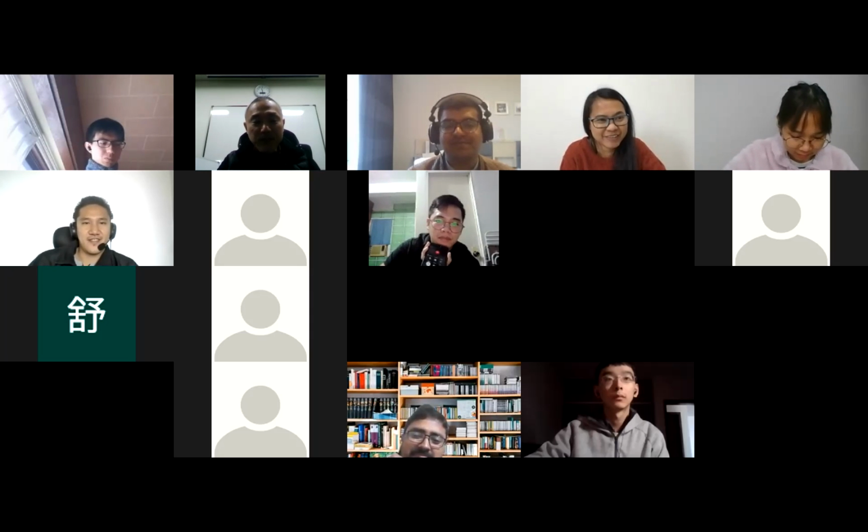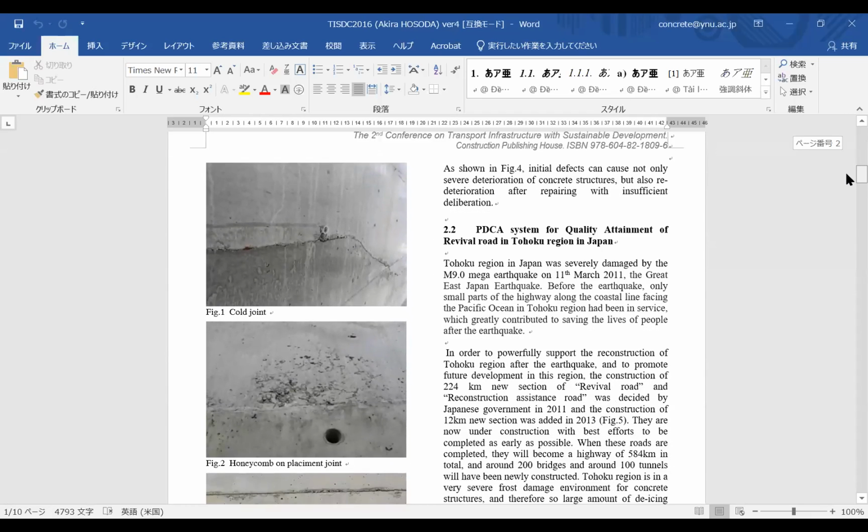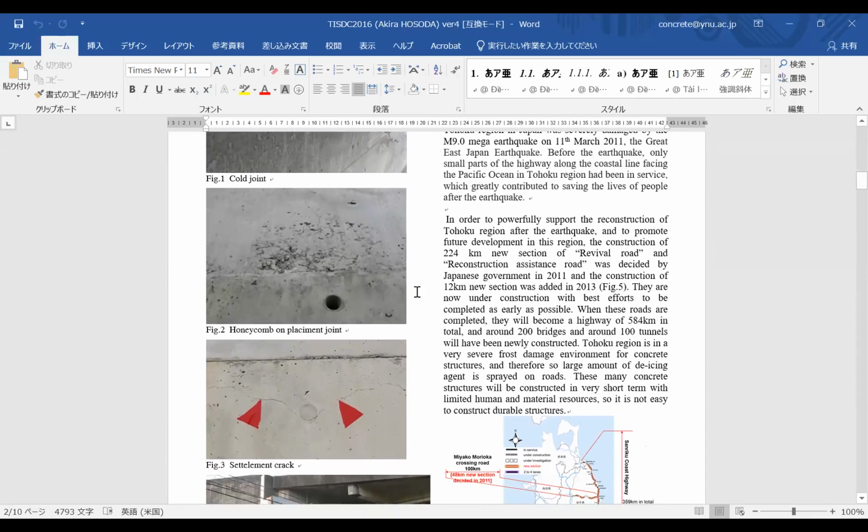So, figure 1 is showing cold joint, a kind of initial defects due to poor concreting construction. And figure 2 is showing a small honeycomb upon placement joint.